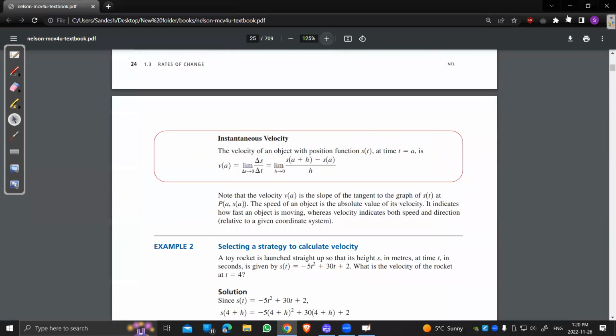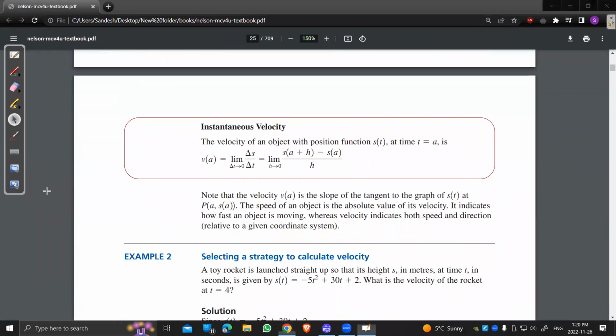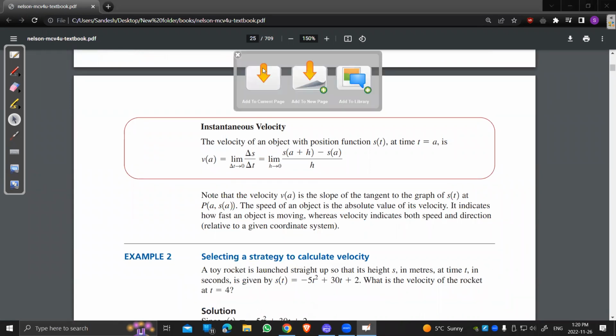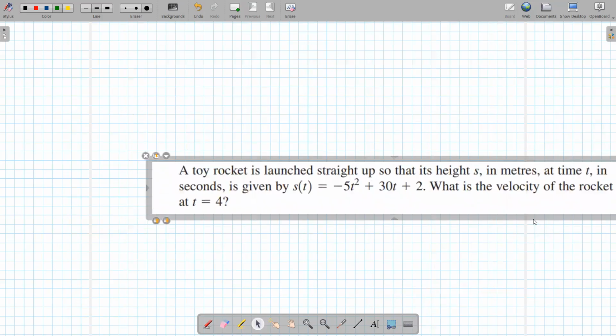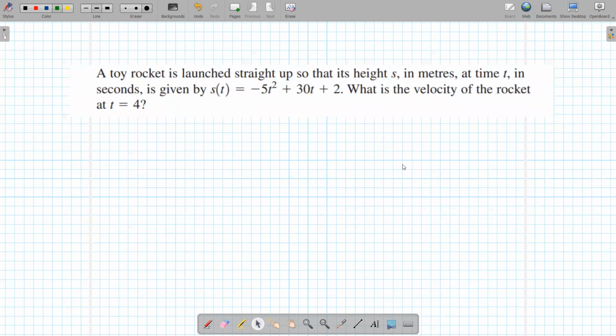All right, so now this is going to be a little bit more difficult. Now this question's asking us the speed or the velocity. Did they tell you what the difference is between velocity and speed? They're basically the same thing.